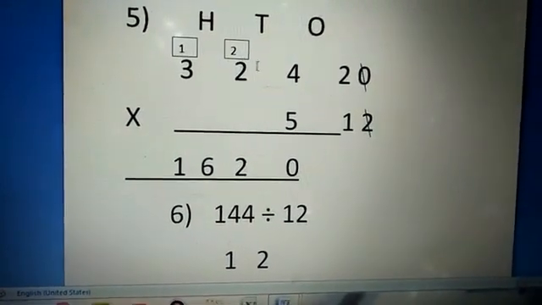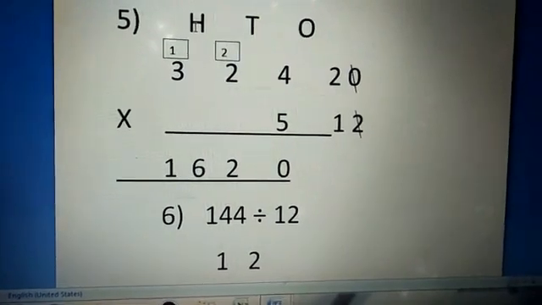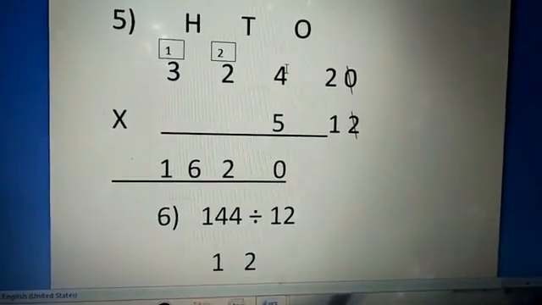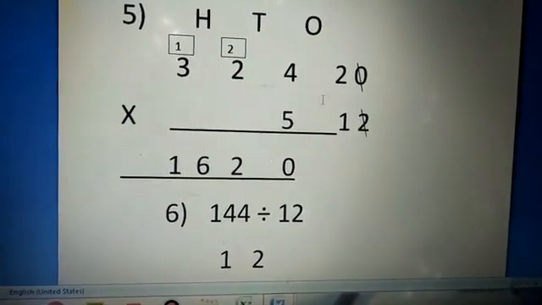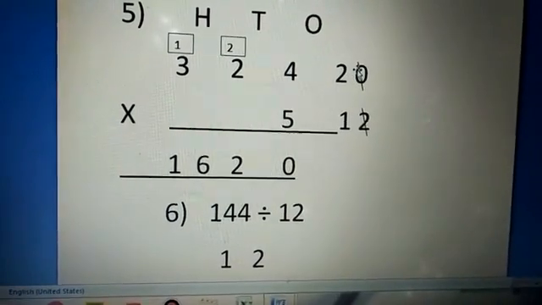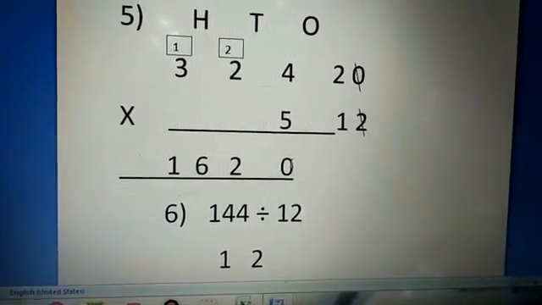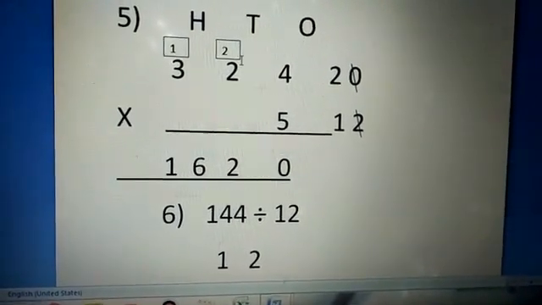There is a 3-digit number, so I write the place values 1s, 10s, 100s. Then I place the number 324 multiplied by 5. So 4 5s are 20. I cut the 0 and write it under the 1's place. Then carry the remaining 2 into the 10's place.